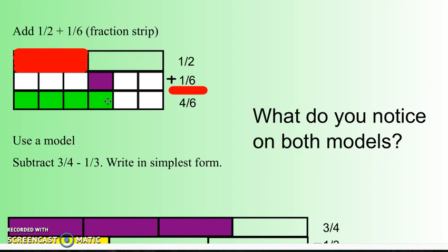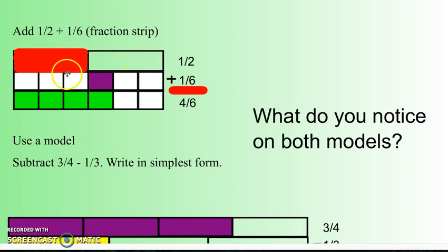Yeah, exactly. Do you notice that, okay, so this was 1 out of 2 equal parts? Then each of these halves were separated into 3 equal parts because if I have 3 here and 3 here, that equals 6. And that is the denominator of my other fraction.